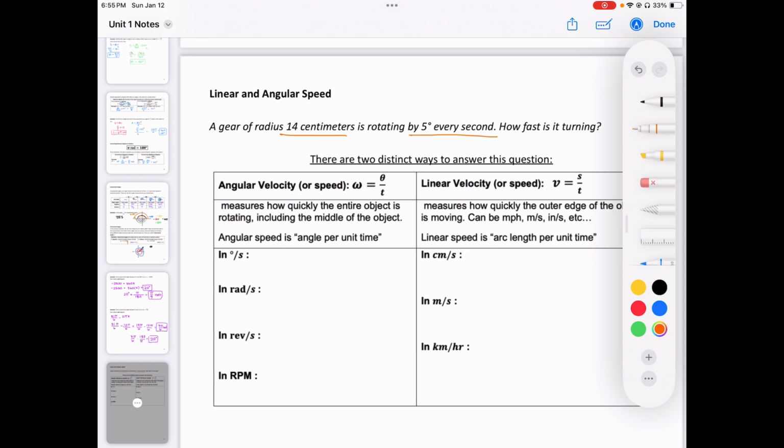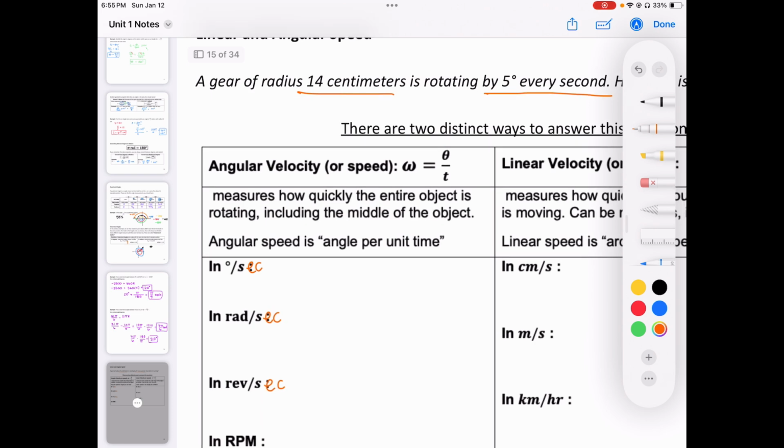Okay. Angular is measuring how quickly the object is rotating, including the middle of the object. Okay, so the entire thing is rotating. And we are going to calculate this in degrees per second. And I'm going to write SEC in all of these. Degrees per second, radians per second, revolutions per second, and then revolutions per minute. So let's go ahead and start with degrees per second. The good news is that information was given to us, 5 degrees per second.